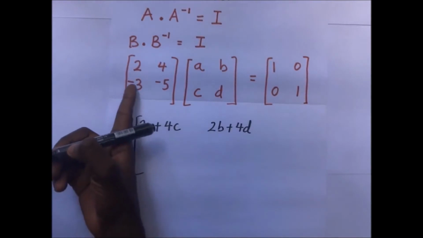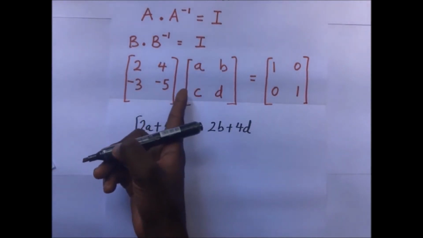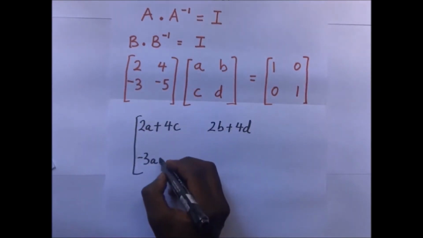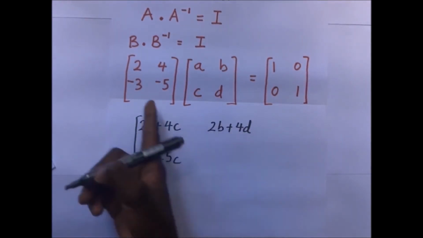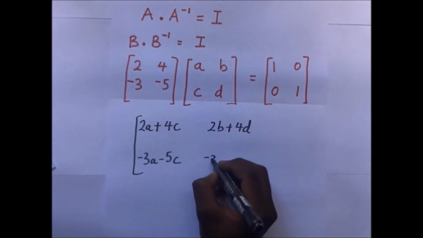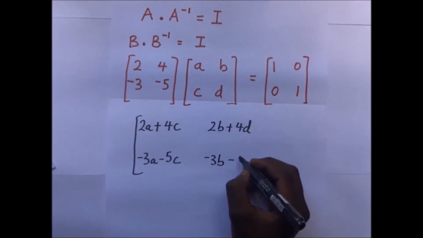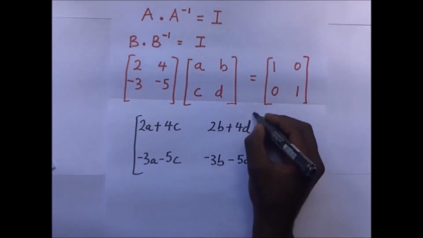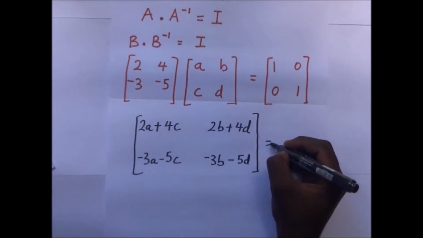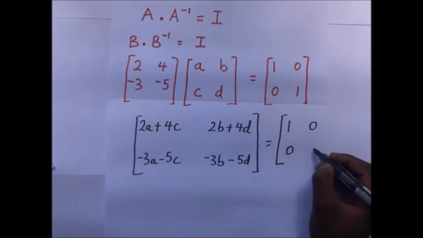Then negative 3 times A, which is negative 3A, plus negative 5 times C, which is minus 5C. Then we have this times that: negative 3B. Then negative 5 times D is negative 5D. This is equal to our identity matrix, which is 1, 0, 0, 1.